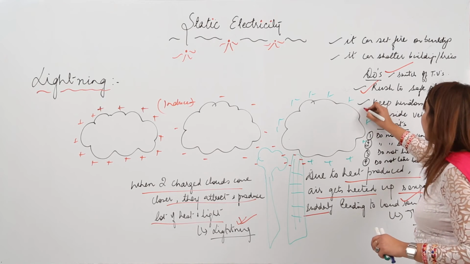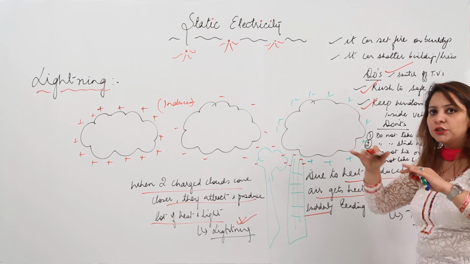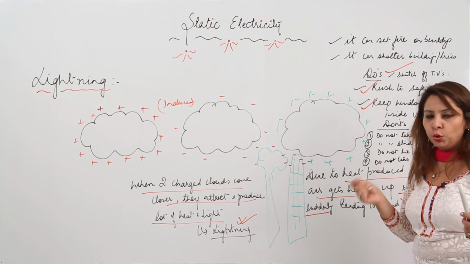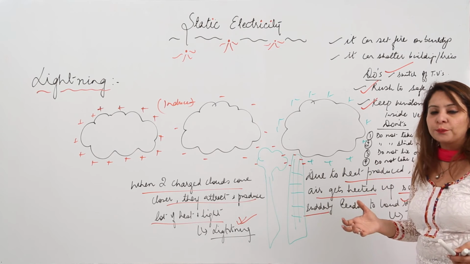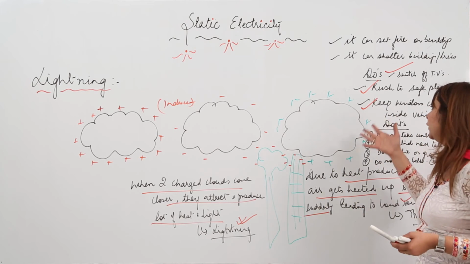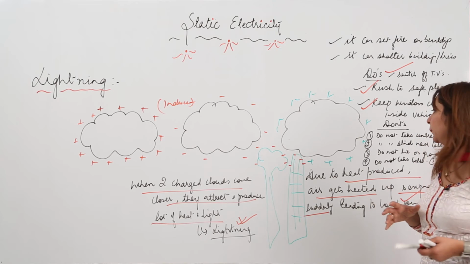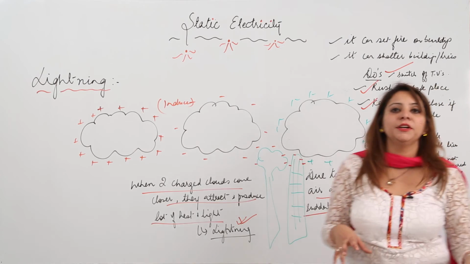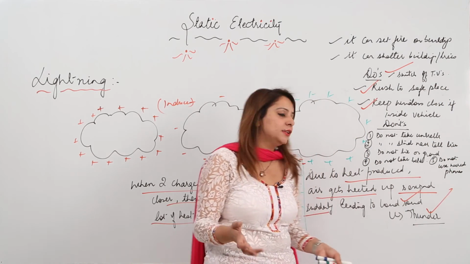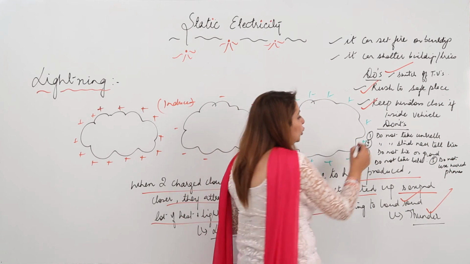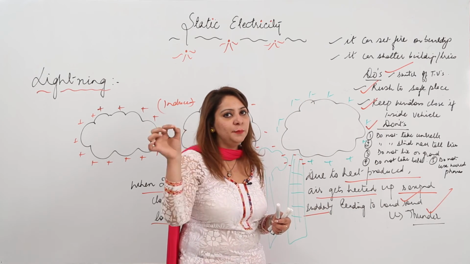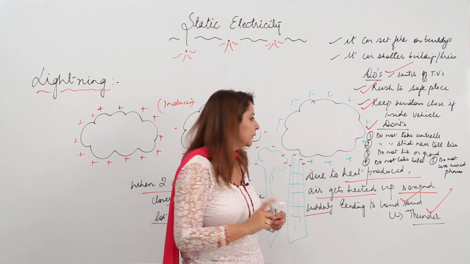Third, if you are driving a vehicle, you have to keep your windows closed, and the doors also. This is what you need to do when you are inside the vehicle. But if you are in the house or outside the house, do not use an umbrella over your head, because it has a metal string, which is a conductor.